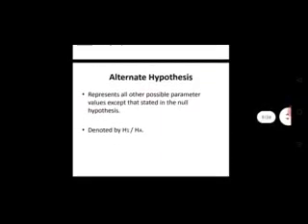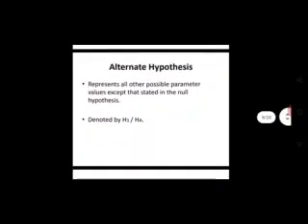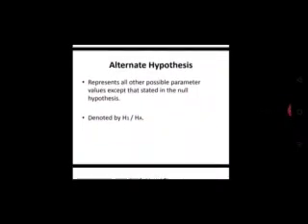And alternate hypothesis represents all other possible parameters, values except that stated in the null hypothesis. And this alternate hypothesis is denoted by H1 or HA, and null hypothesis is denoted by H0. So it shows the positive effect.